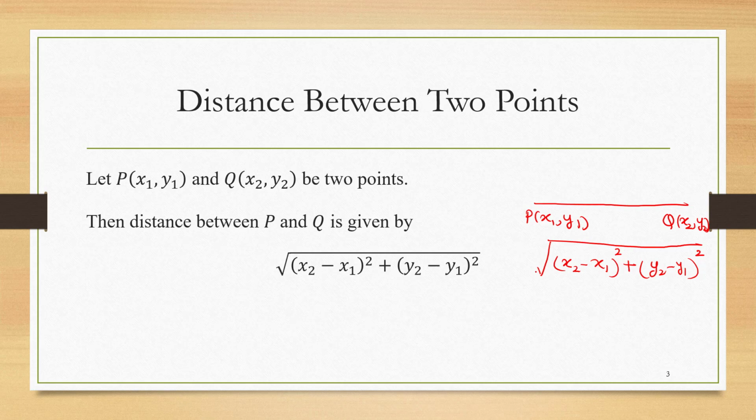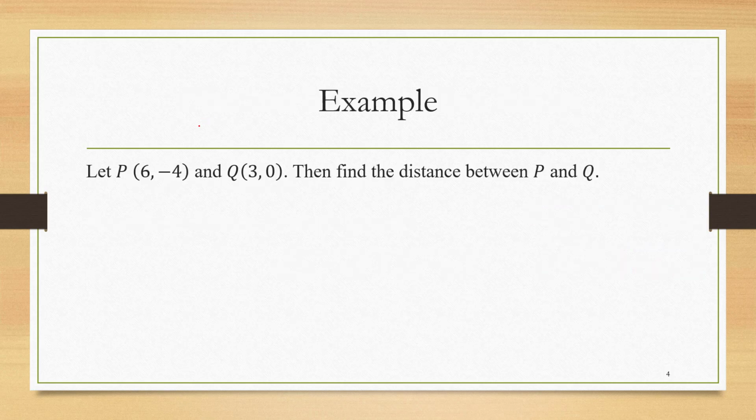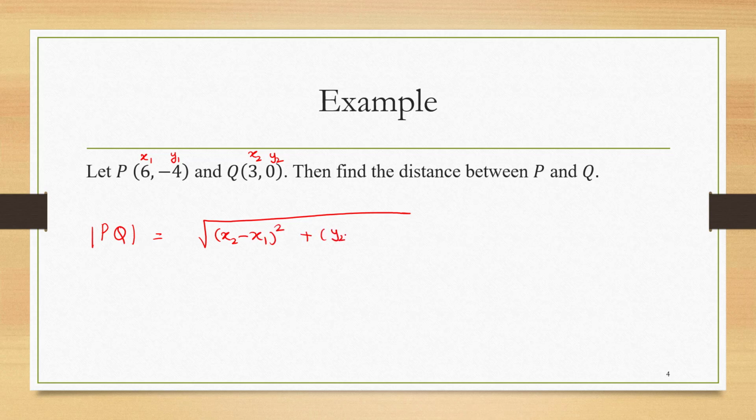First example: let P be the point (6, minus 4) and Q the point (3, 0). We find the distance between P and Q. So 6 is x1, minus 4 is y1, 3 is x2, 0 is y2. Then the distance PQ is the square root of (x2 minus x1) whole square plus (y2 minus y1) whole square.